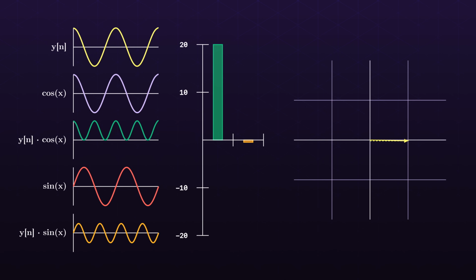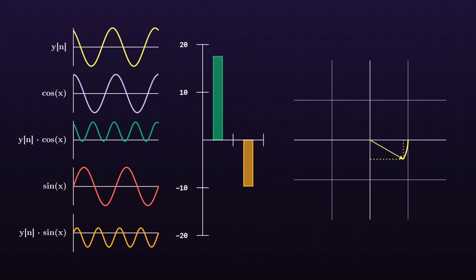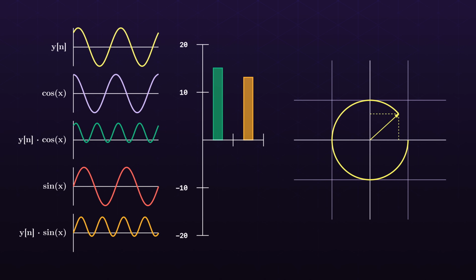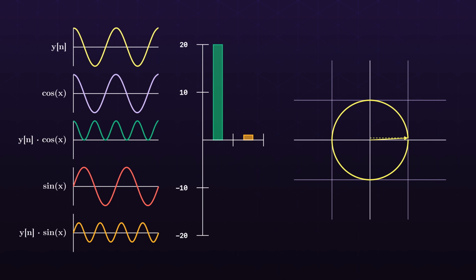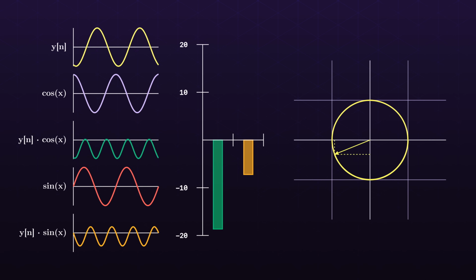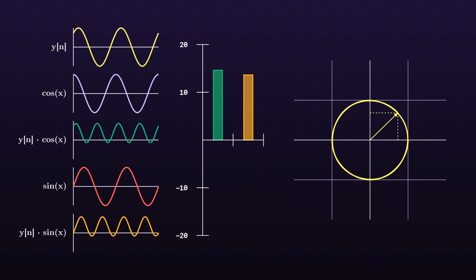One idea that seems interesting is to see what happens when we plot these values on a 2D coordinate plane. And what's pretty interesting is we see that these coordinates trace a circle as we change the phase of the original signal. How cool is that? But the question remains, how do we put this together in a way that solves our phase problem?